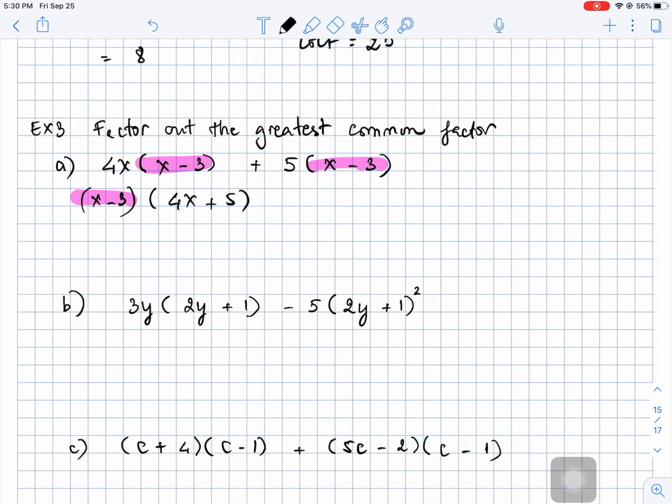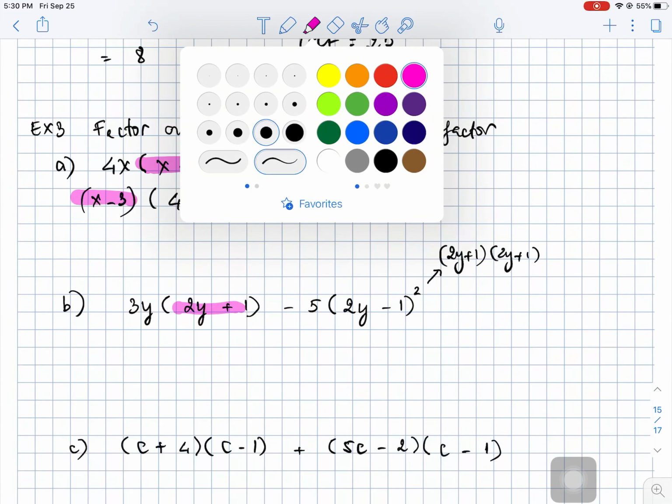In problem 3b, we see that 2y plus 1 and 2y plus 1 is a common factor. But actually you have 2y plus 1 squared. This means 2y plus 1 times 2y plus 1.